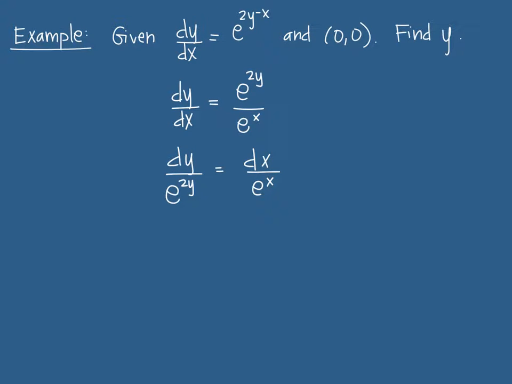Now that doesn't look good for integration, so we want to write it better. This is e to the negative 2y times dy because it's in the denominator. And on the other side, it's e to the negative x dx. That format is the way you want to write it so that you can do your integration. So this is the separation. Separation's complete. All the y parts are on the left, all the x parts are on the right. And now we're ready to integrate.